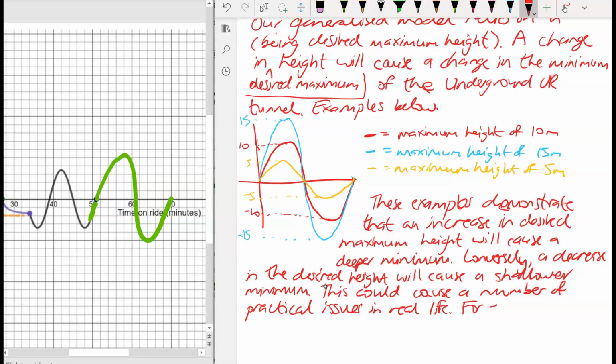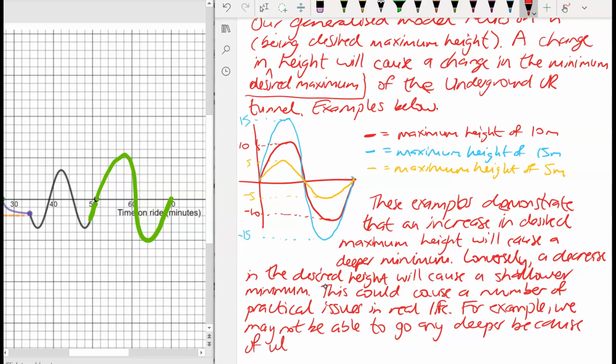For example, we may not be able to go any deeper because of utilities, and that's a fancy way of saying stuff like power lines, sewage pipes, etc. So if we have those wires sitting at that 11 meter mark, we won't be able to dig any deeper, and that means the maximum wouldn't be possible. So I think that recaps that part.